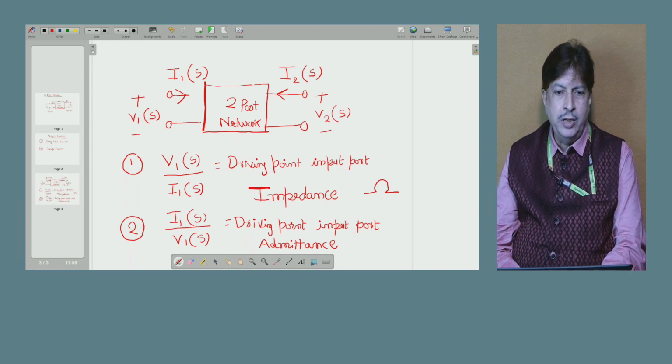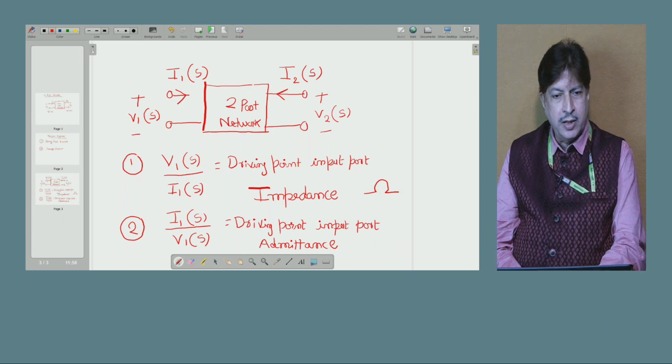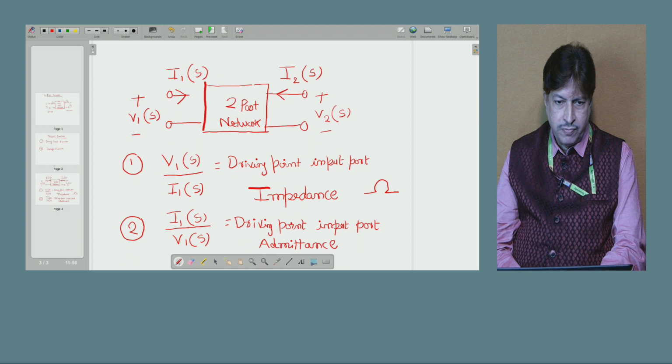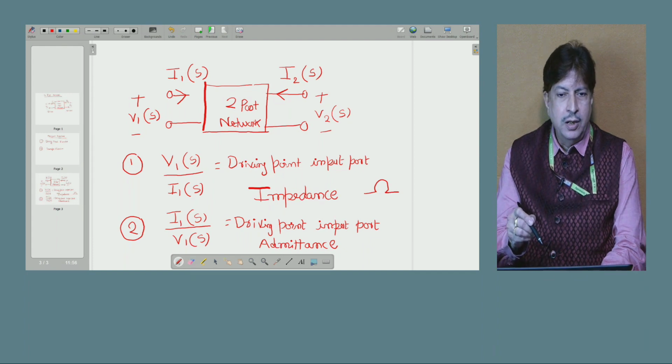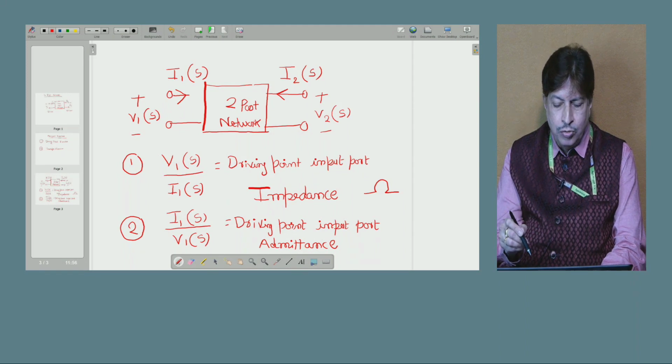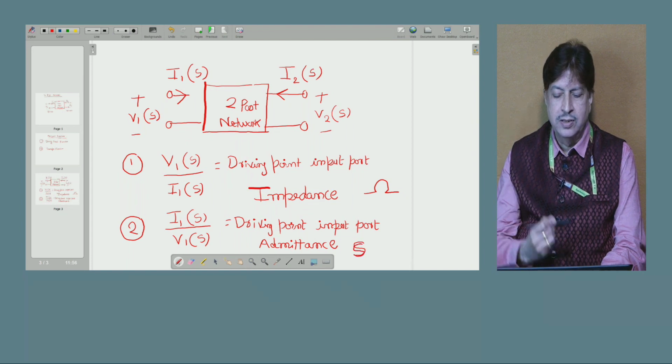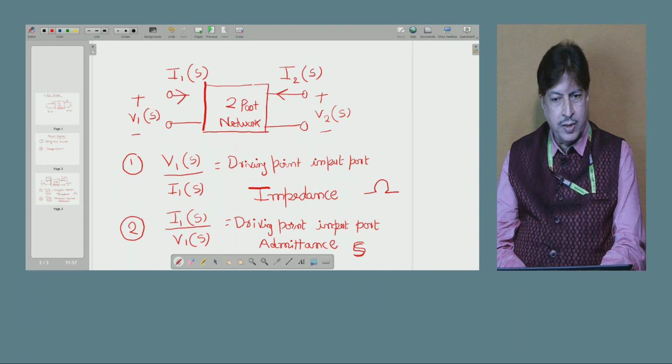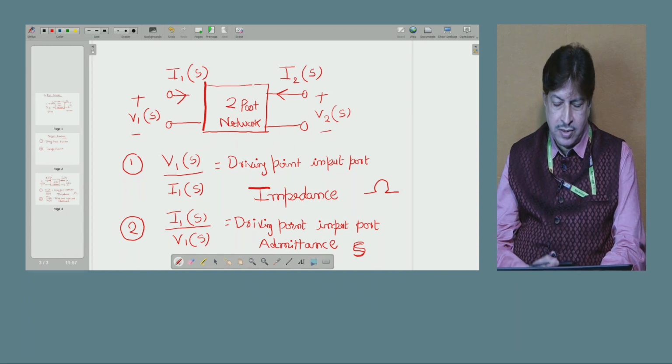What is the unit of admittance? You might have studied in your earlier classes: mho, M-H-O, mho. But from now onwards, we represent this admittance unit as Siemens. Yes, the symbol S represents Siemens.